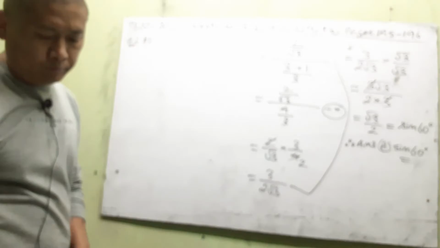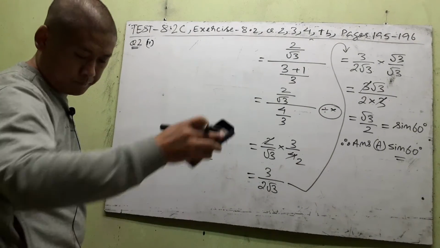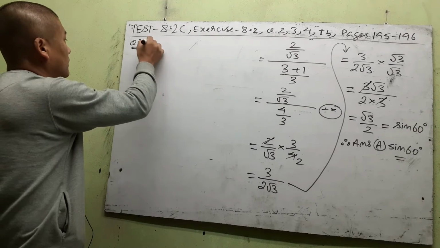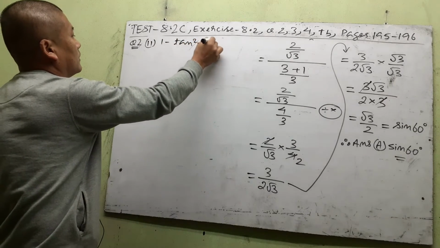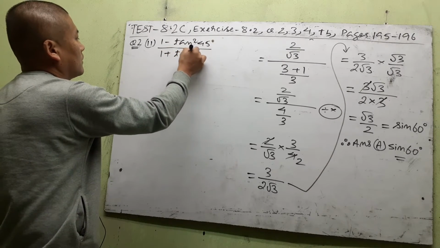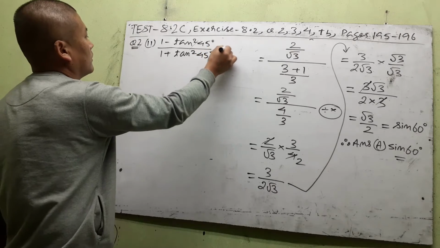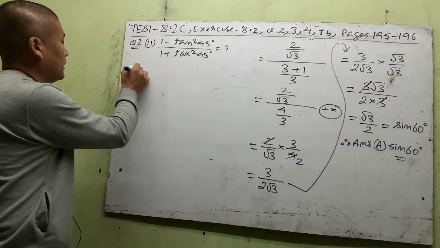So 2 here: 1 minus tan square 45 degrees divided by 1 plus tan square 45 degrees equal to how much? Or which answer choice does it match?